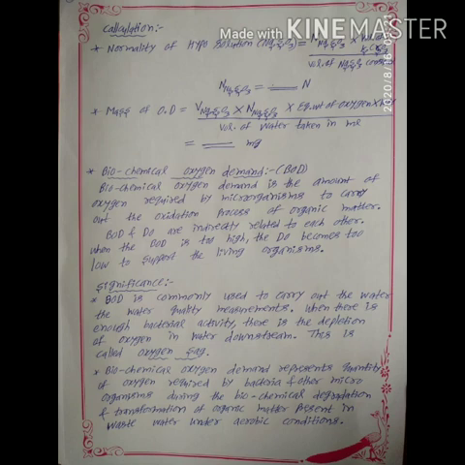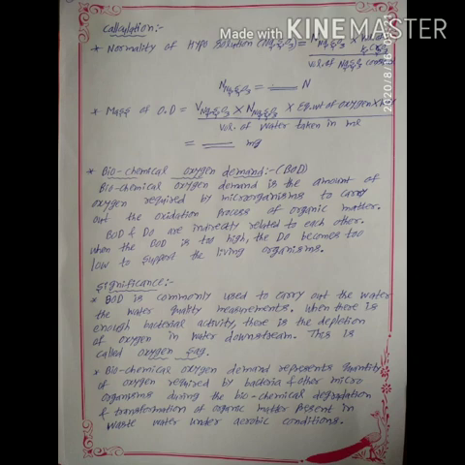Mass of oxygen dissolved equals volume of sodium thiosulfate into normality of sodium thiosulfate into equivalent weight of oxygen into 1000, whole divided by volume of water taken in ml, to give the mass of oxygen dissolved in milligram.